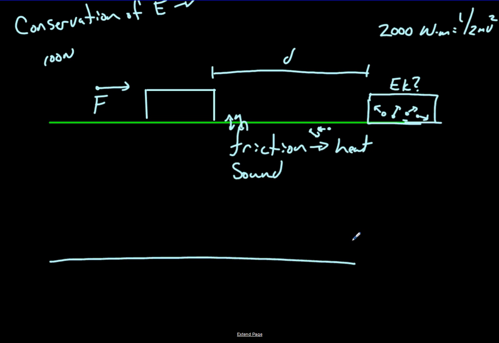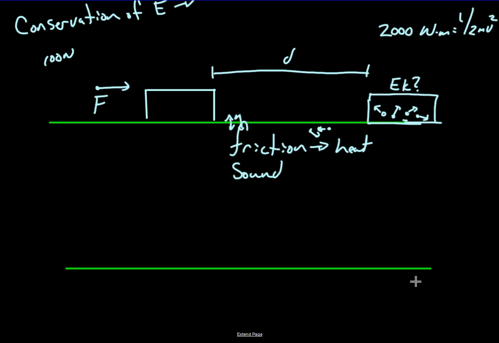So let's think about that quickly. Let's say we have two objects on a surface, and we have this surface over here, and we do the same thing.